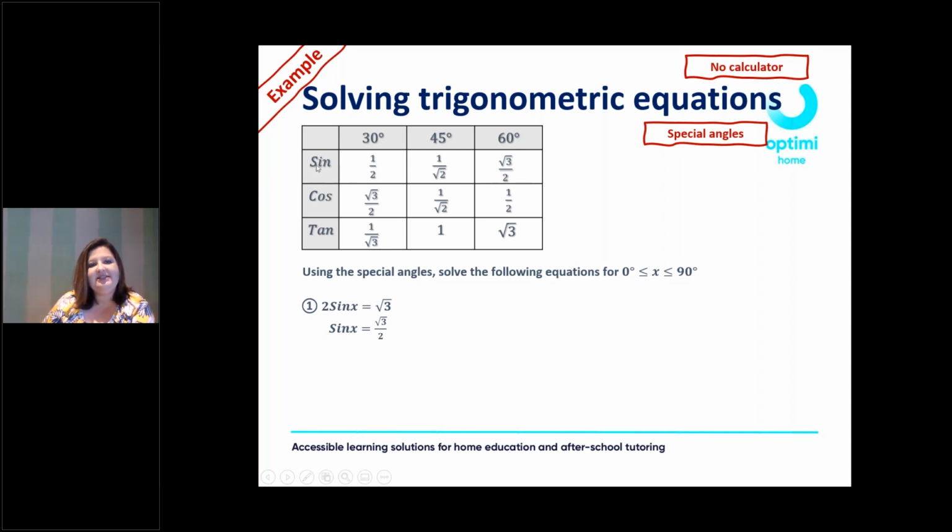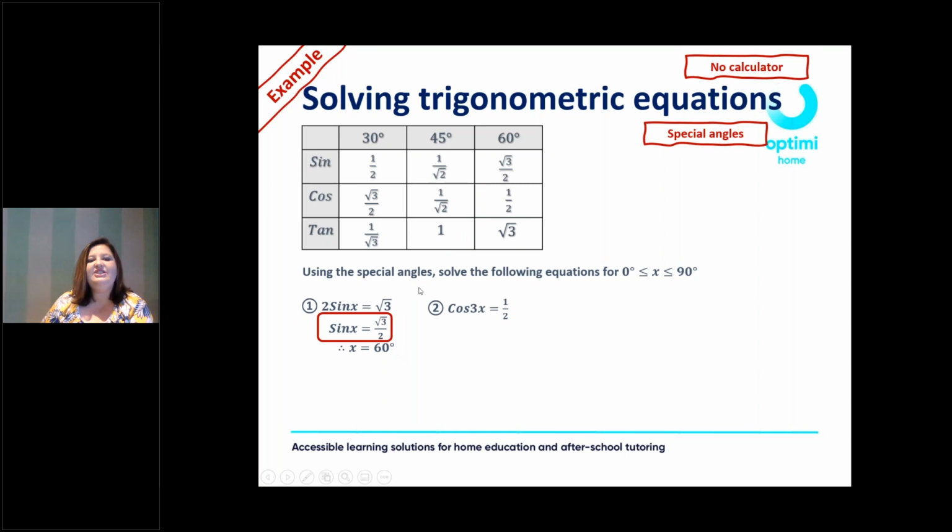There's the sin line, and I have an answer of square root 3 over 2. So square root 3 over 2 actually tells me that sin 60 degrees is square root 3 over 2. So I know that I can actually apply my x over there. You know that your angle, which is your x, is equal to 60 degrees.